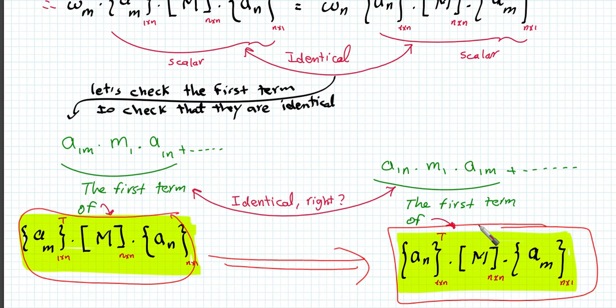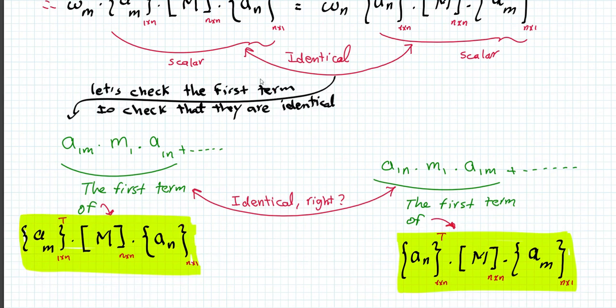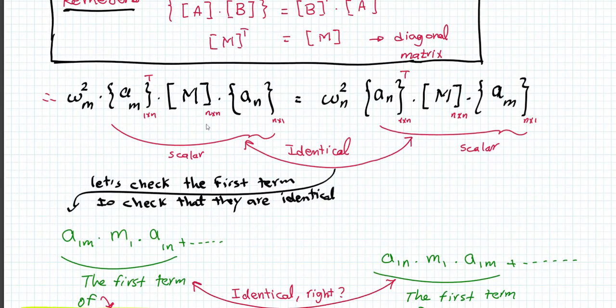Okay, 100% sure of this. This means that if we look to the original equation, we are going to put omega n squared and omega m squared on the left hand side.